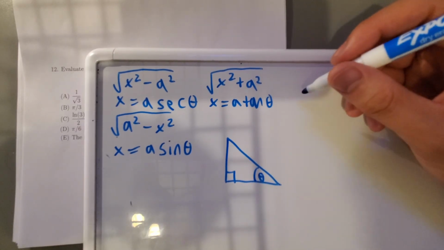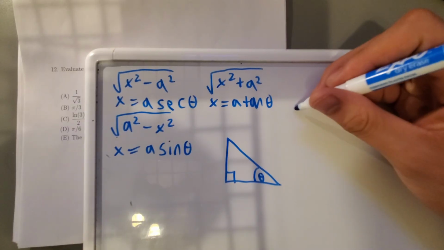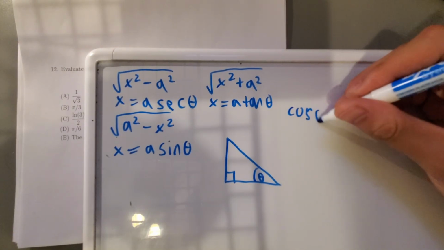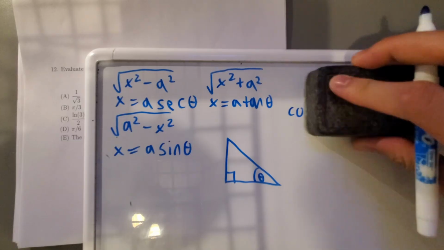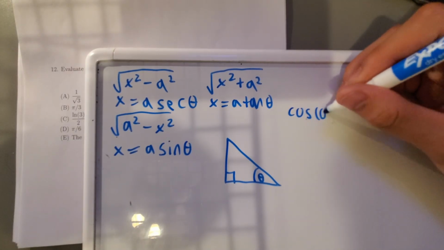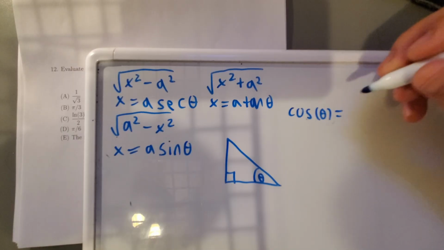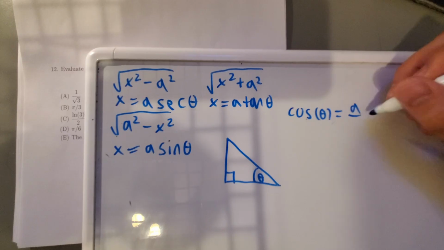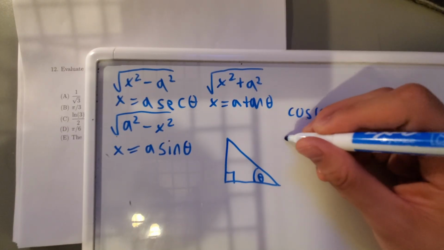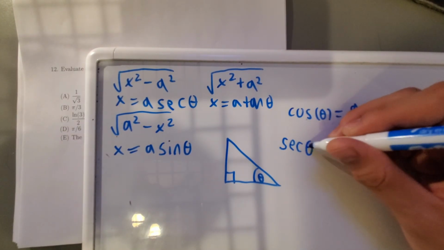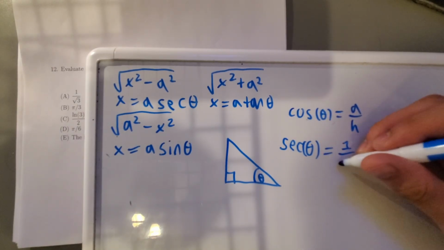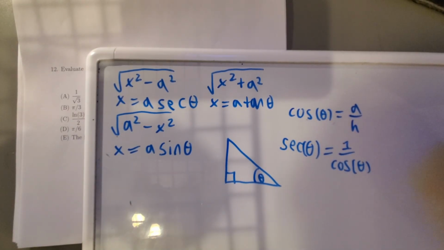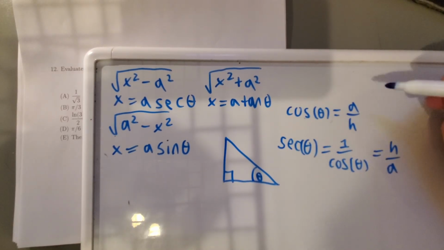So recall that cosine of theta is the ratio of the side adjacent over the hypotenuse, so A over H. And we know that secant of theta is equal to 1 over cosine of theta, so that's equal to the ratio of the hypotenuse over the adjacent side, so the reciprocal.